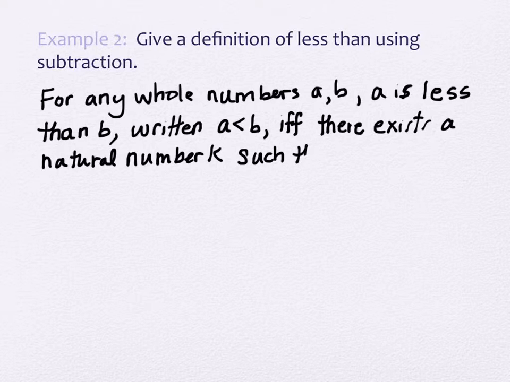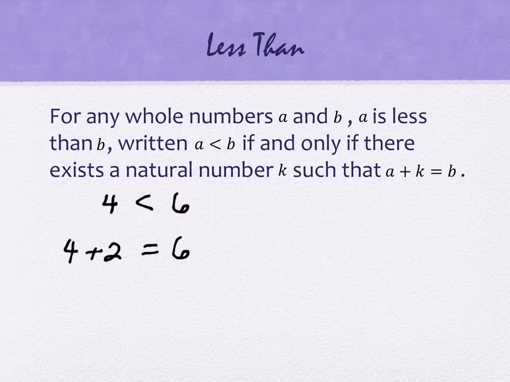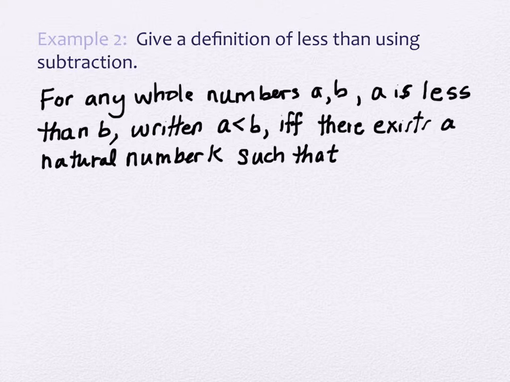So this is the only thing that's different, this last tiny bit, the equation part. Over here, it says A plus k equals B. The directions for this problem want us to rewrite this using subtraction. So what would this look like if subtraction were how this were defined instead of addition?